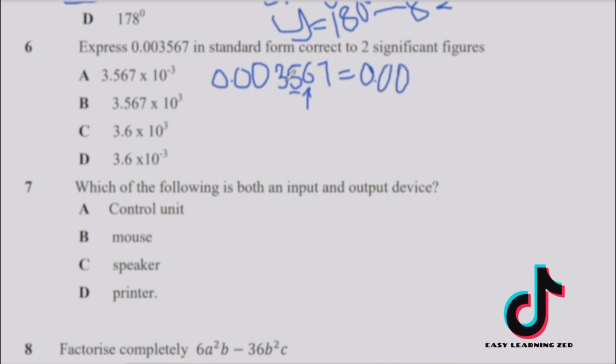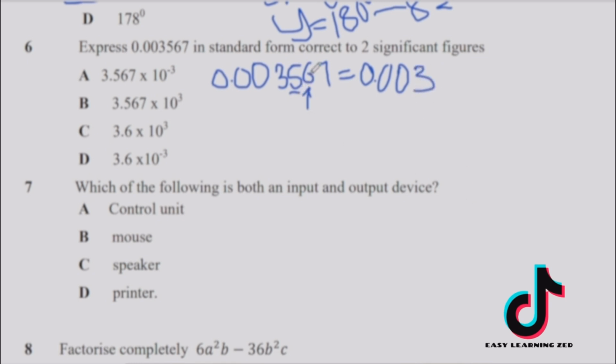Now I'm going to rewrite 3, and then 5. The rules of rounding off numbers: you either add 0 or 1 to a number. So I'm going to write 3, 5.